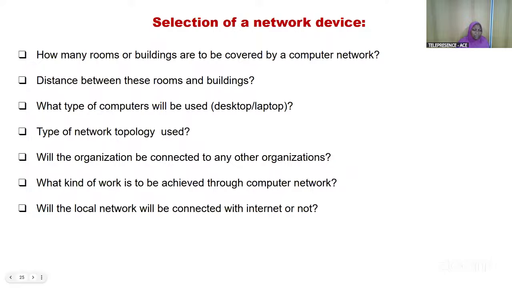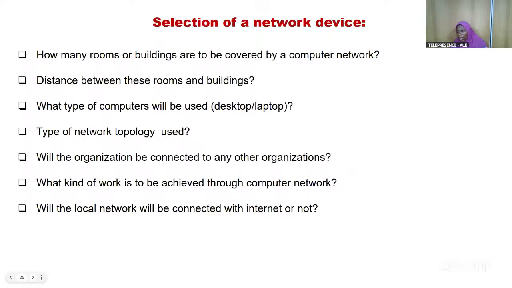If we now say computer network is the way to go and is a key facilitator in office automation, how do you select your network device? You must take care of the geographical space that you want to cover. Are you going to have a connection within a room, within a building, or among buildings?